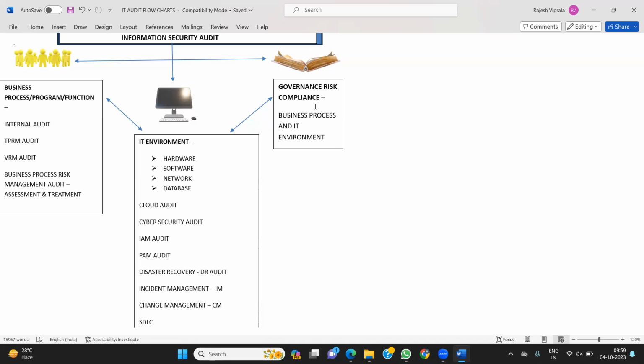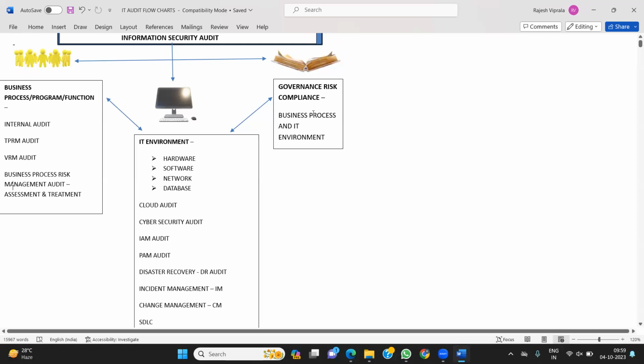In some organizations, they call it business program or business function. And the departments, they call it verticals. Okay, these terminologies are different. Maybe a few of you already know about these terminologies, I hope. So that's about the business process.